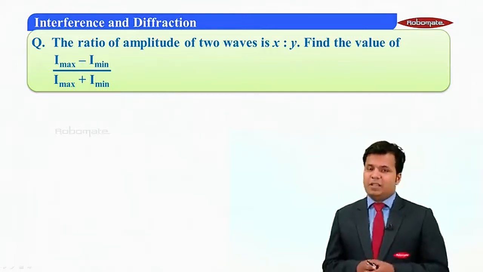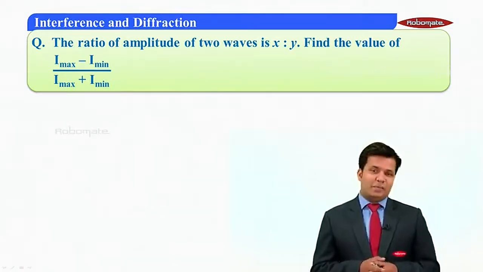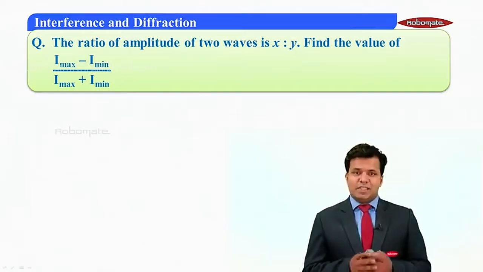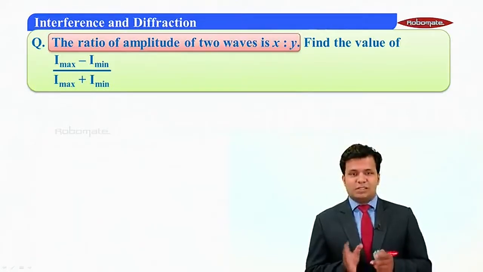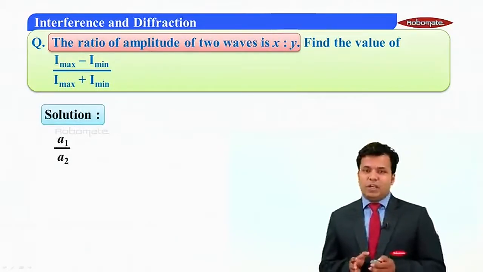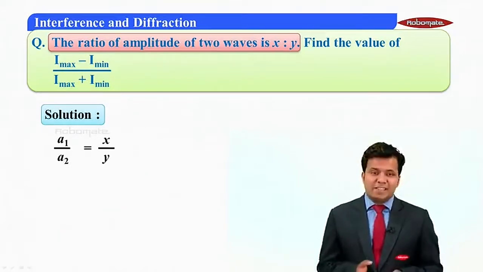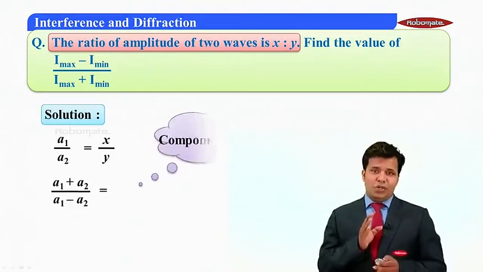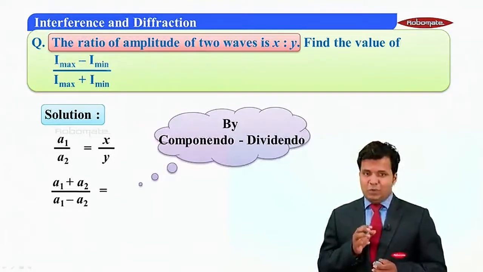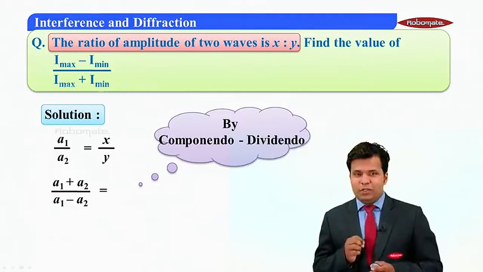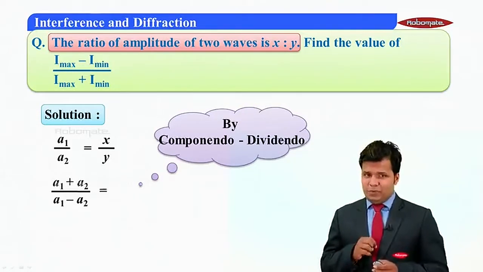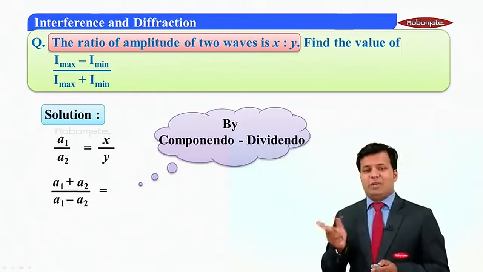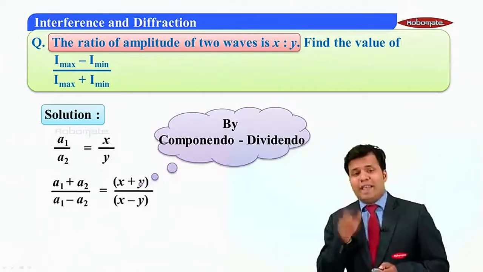This is given with just a single data, that is A1 upon A2 is equal to X upon Y. You need to find out the ratio accordingly. Now we can go for componendo dividendo. Numerator plus denominator upon numerator minus denominator would be A1 plus A2 upon A1 minus A2, equal to X plus Y upon X minus Y.